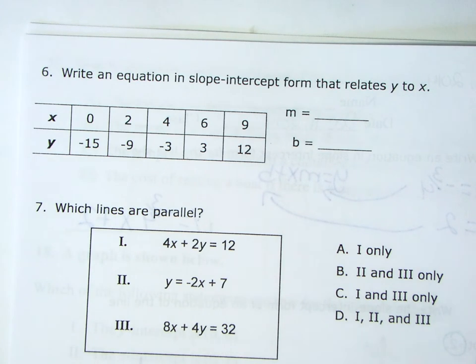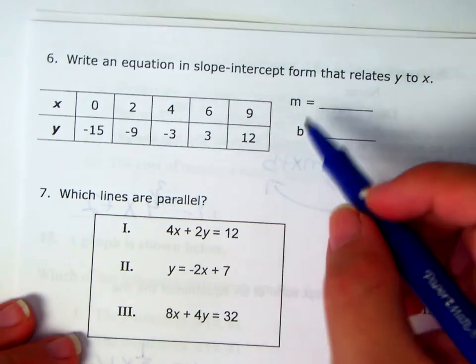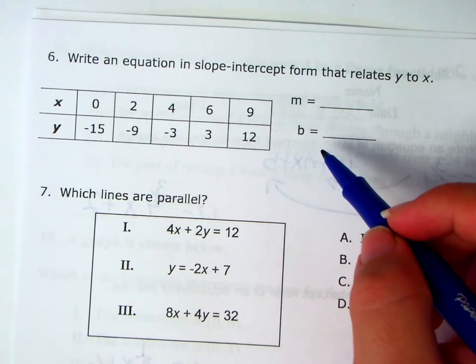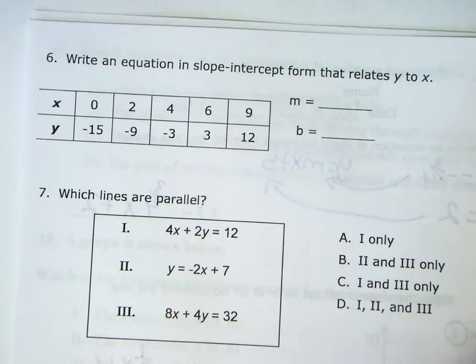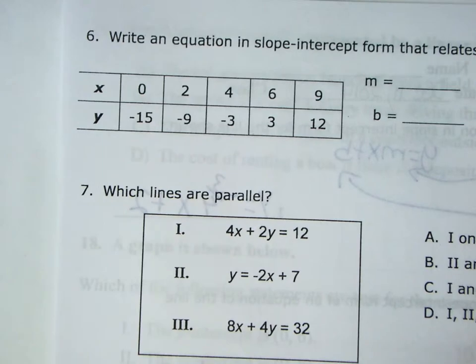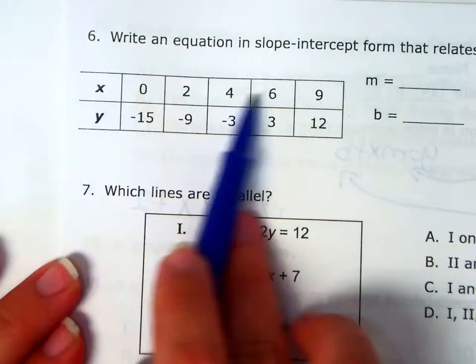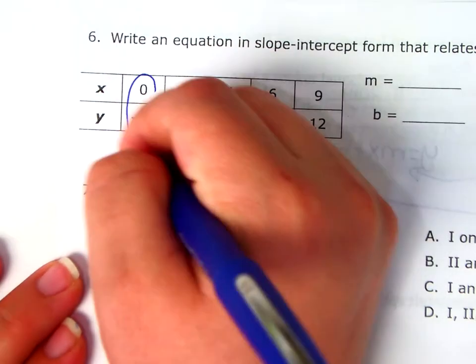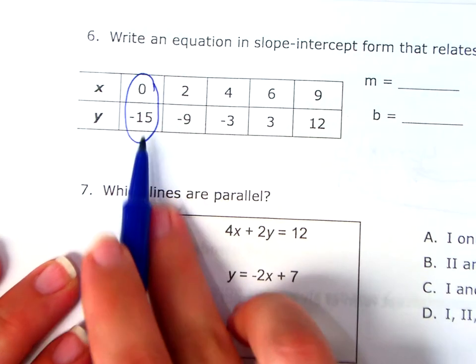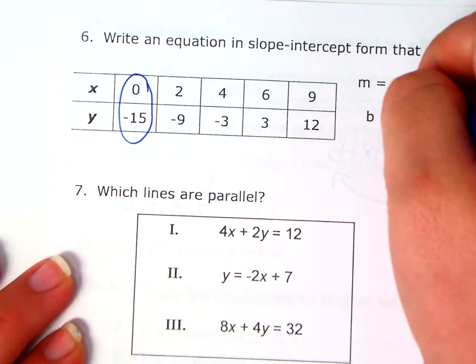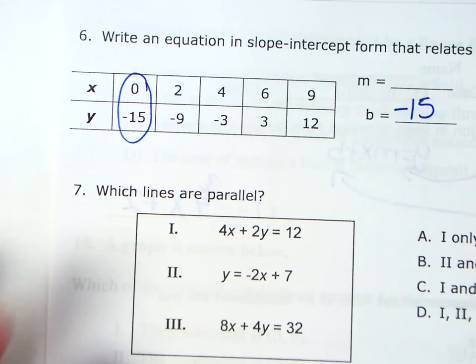So first thing we need to do is find the slope and the y-intercept. What's our m, what's our b? For our b, your y-intercept, what has to be 0? x. So look at your table. Do you have a 0 in the x? So that negative 15 is our b. You're halfway done with your answer. You just need one more part.